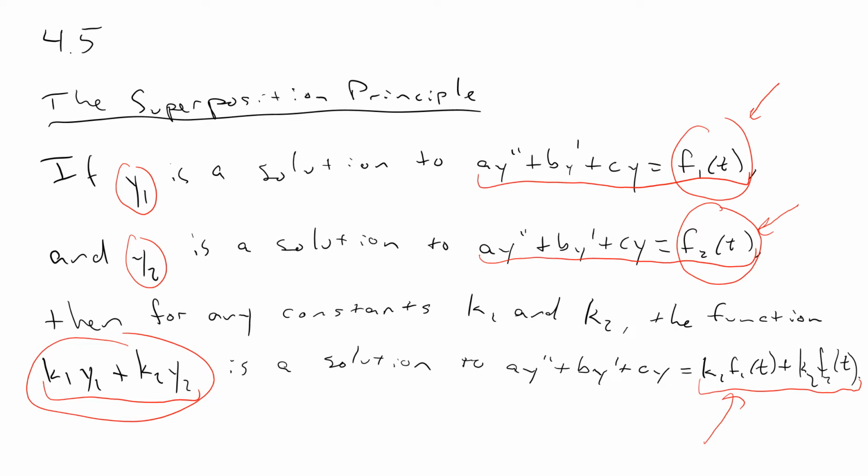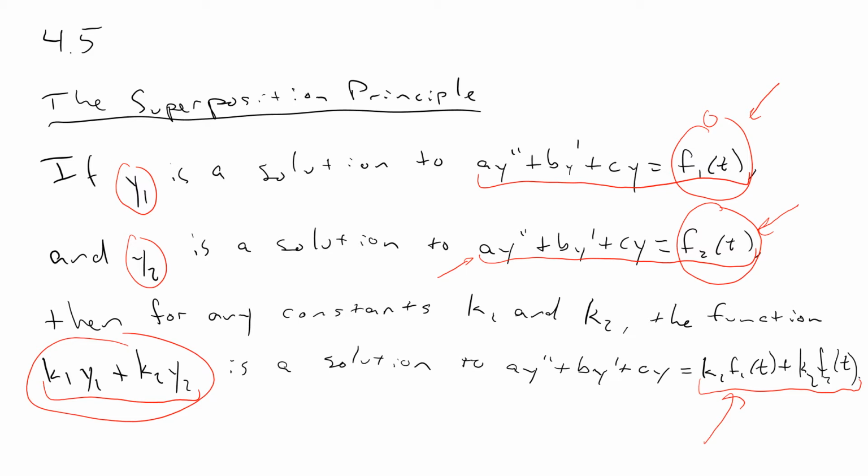The other way that we'll use this principle is to help us write down the general solution to a non-homogeneous equation. The basic idea is to suppose one of these two functions, f1 or f2, is identically the zero function. And in that case, the solution to the non-homogeneous equation shown here can be written as a combination of its particular solution that we may find using undetermined coefficients, along with the solution to the homogeneous equation.